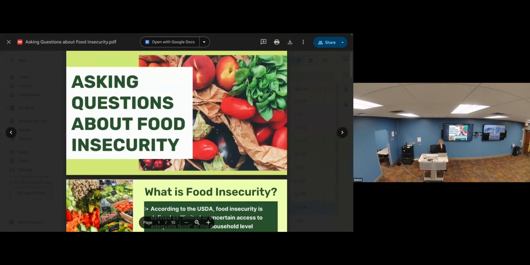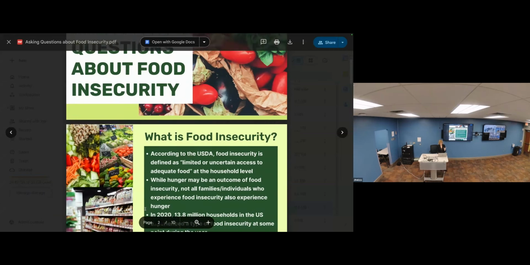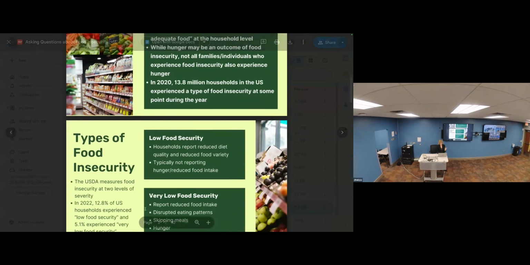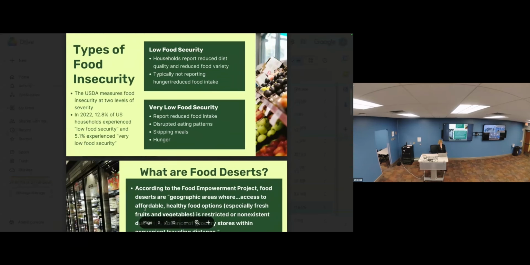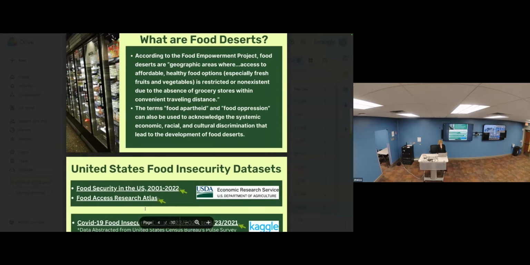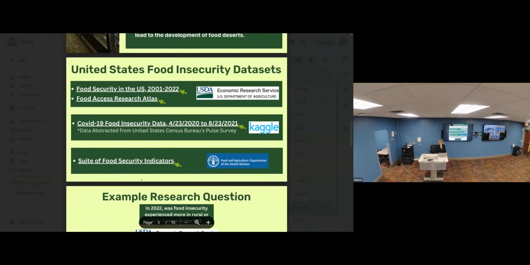This is asking questions about food insecurity. So again, a little bit of background information on what food insecurity is and what are the different types of food insecurity, what are food deserts. And then there are links to 3 specific databases.